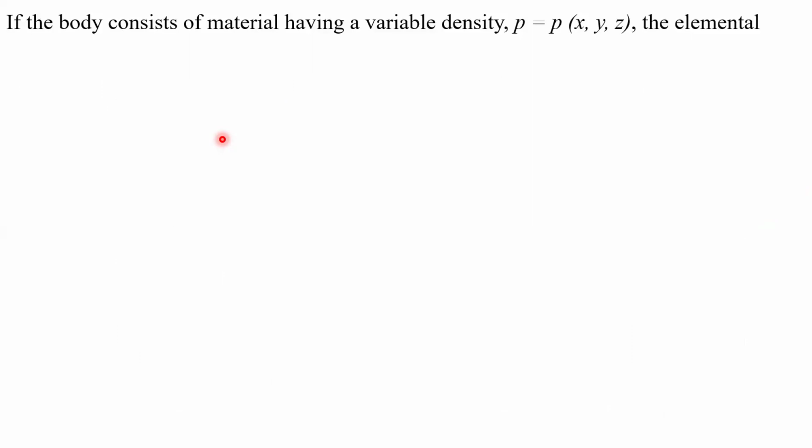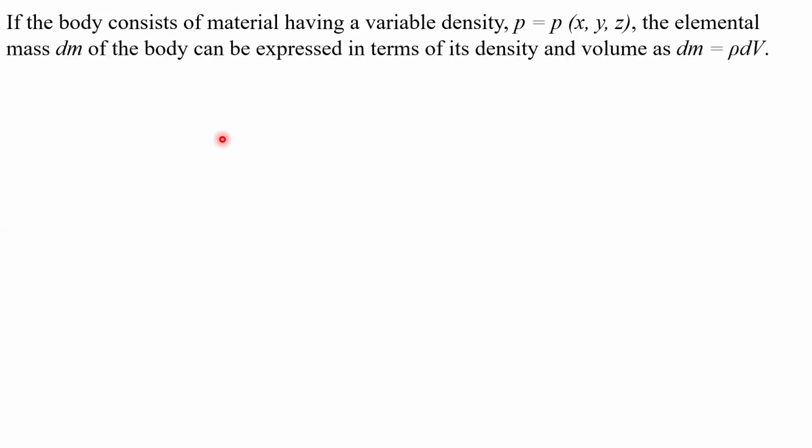If the body consists of material having a variable density, that is, the material is not homogeneous, then rho will now be a function of x, y, and z. The elemental mass dm of the body can be expressed in terms of its density and volume.